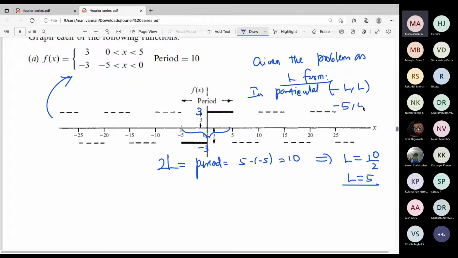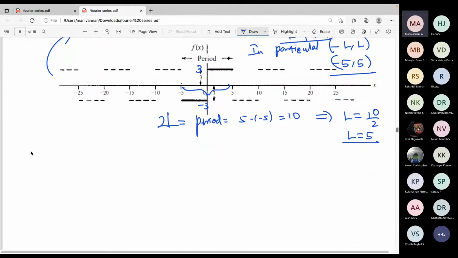If this problem is defined on minus pi to pi, is it clear? Yes, sir. Which is defined on minus pi to pi. So what about the corresponding Fourier series solutions? Can you provide that? Let the Fourier series be.